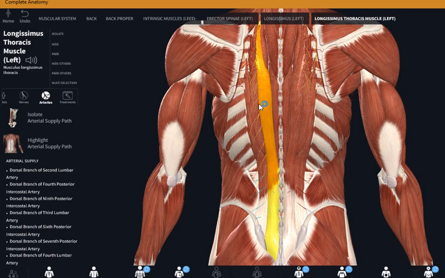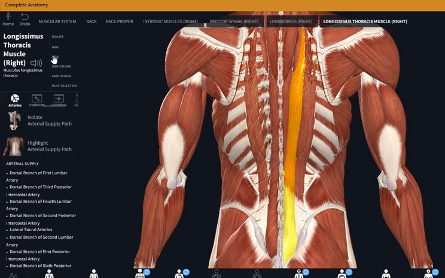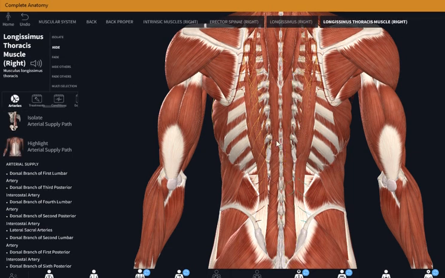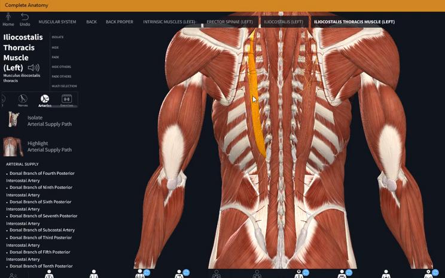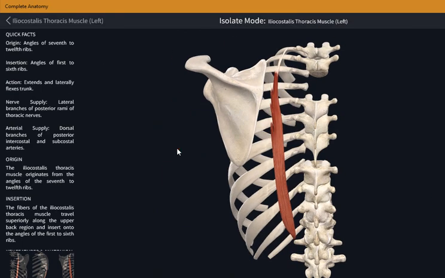So now let's move on by hiding the two muscles. So we have the longissimus thoracis here, we hide here again. Now laterally here we have the other muscle called the iliocostalis thoracis. Now iliocostalis thoracis, you can see its origin and insertion by visualizing here.